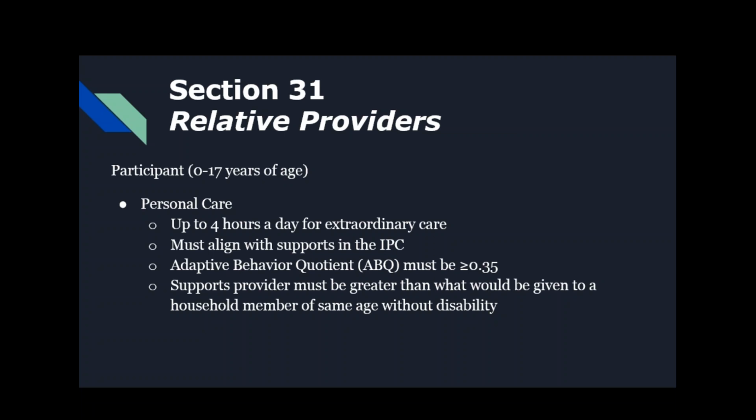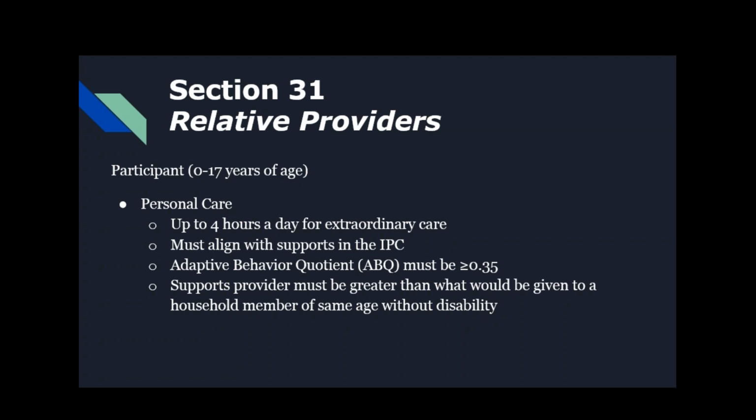Continuing on to relative providers, this covers participants who are 0 to the age of 17. Personal care, only up to 4 hours a day for extraordinary care, must align with supports in the IPC, or individualized plan of care, must meet the adaptive behavior quotient, or ABQ, which is less than 0.35, and supports provided must be greater than what would be given to a household member of the same age without a disability.